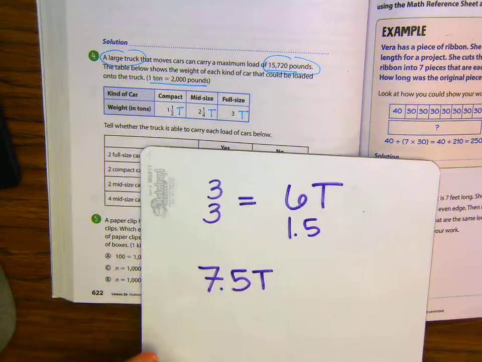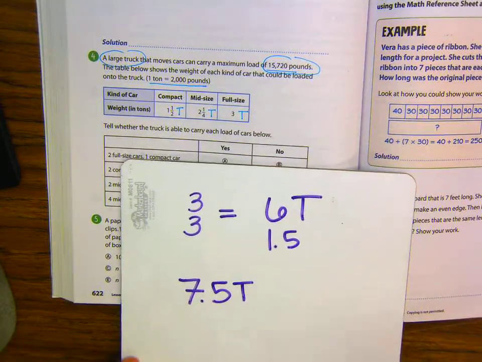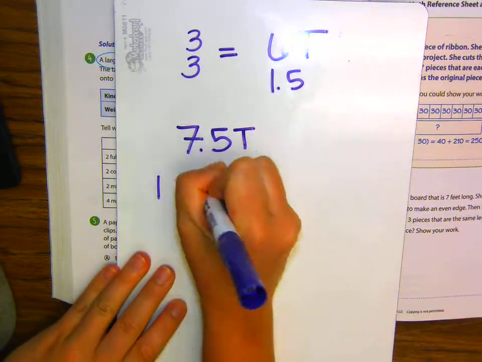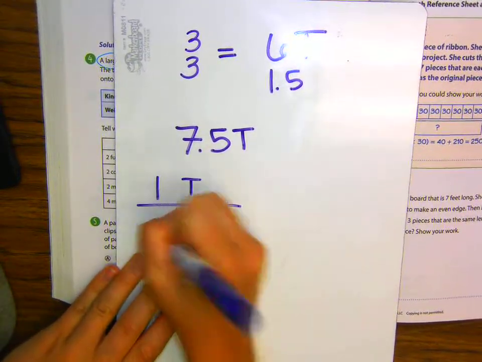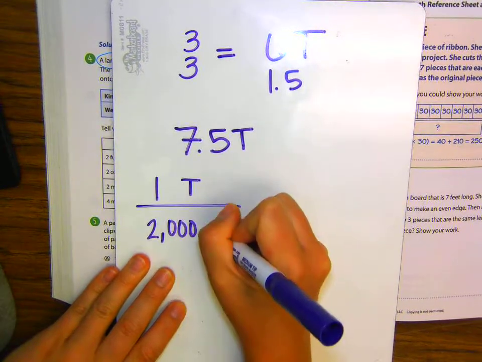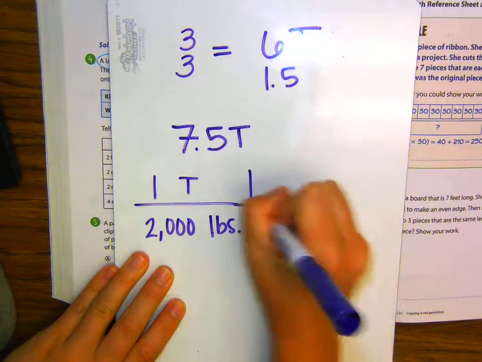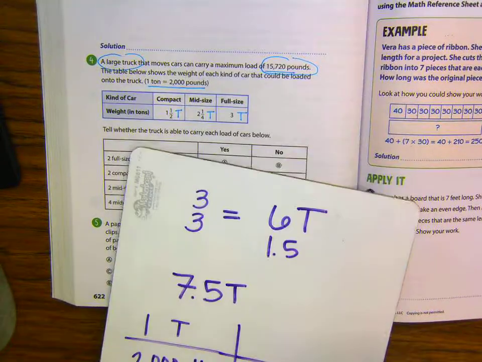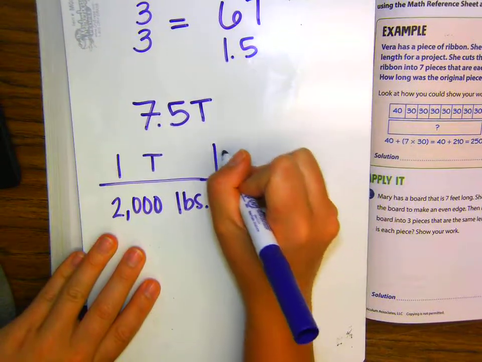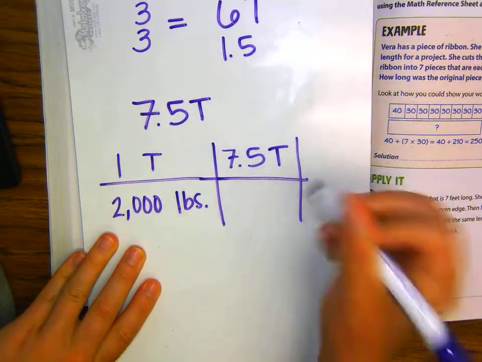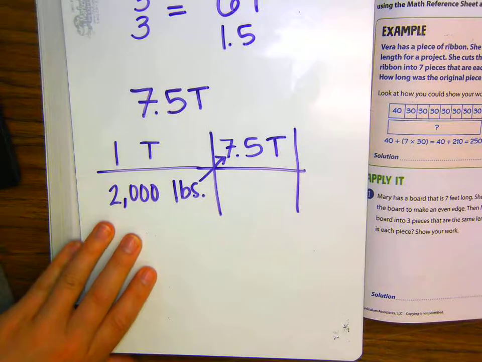If I know 1 ton is equal to 2,000 pounds, how many pounds is 7.5 tons? So I'm going to multiply diagonally.